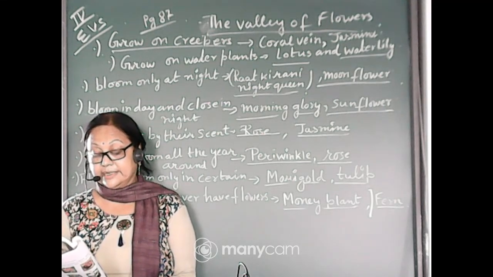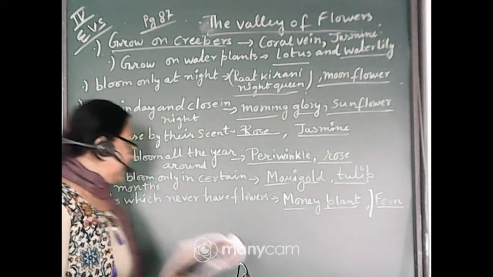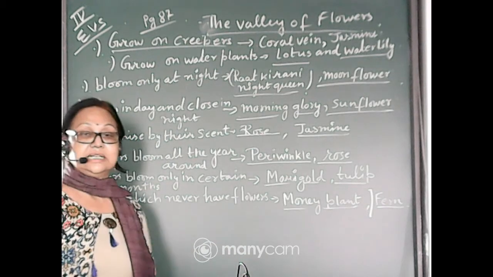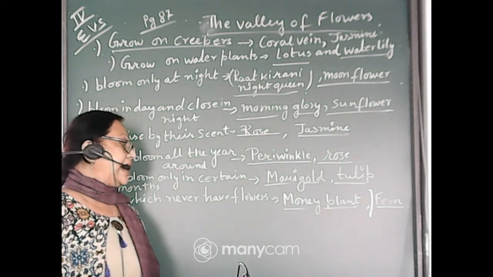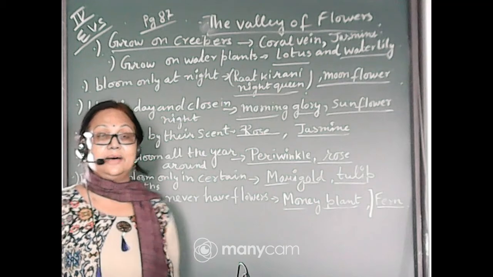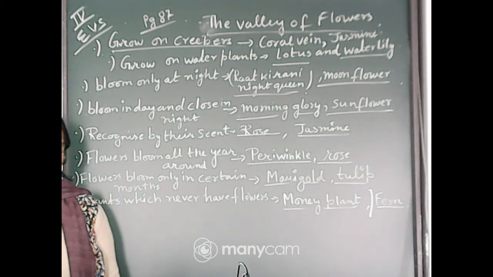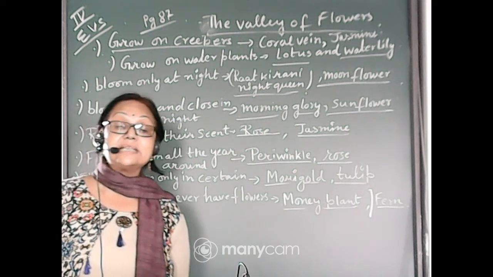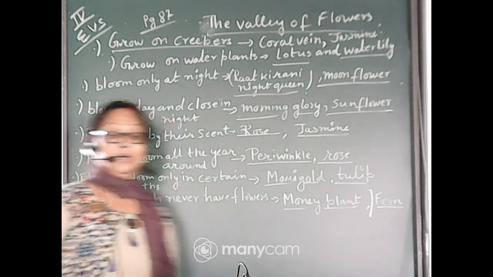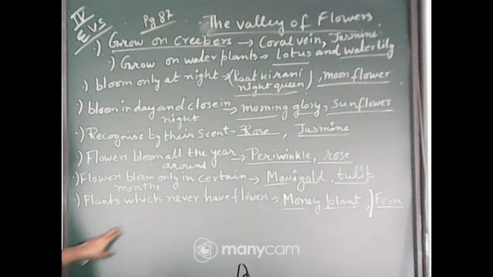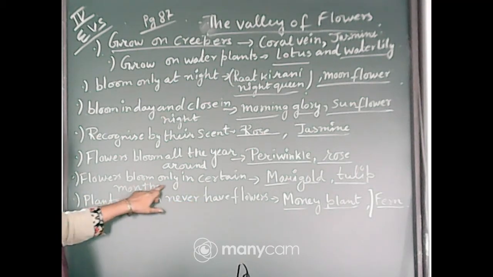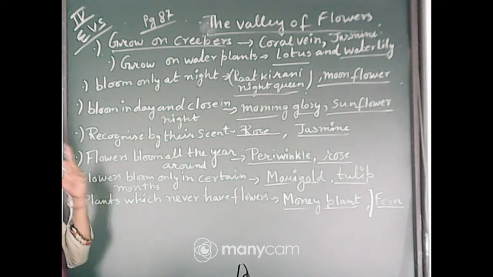The last one is plants which never have flowers. We know cycas, ferns, money plants, these are the plants which do not have flowers any time. So these plants do not possess any kind of flower. So write these answers. Plants which never have flowers: money plant and fern. Flowers that bloom only in certain months: marigold and tulip.